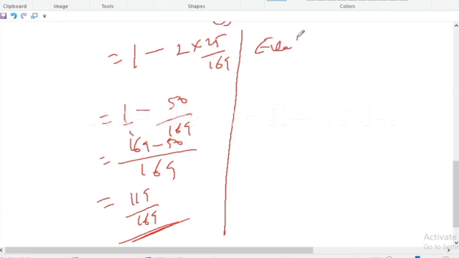Evaluate tan 15 degree and cos 105 degree. So you can do that and evaluate that.